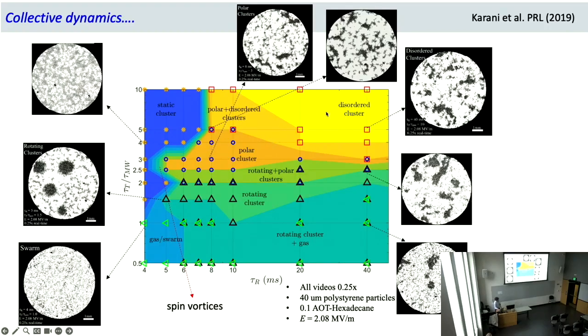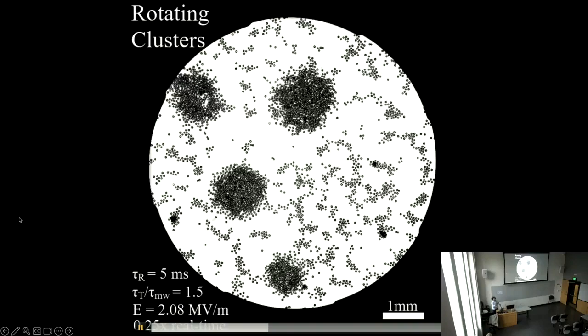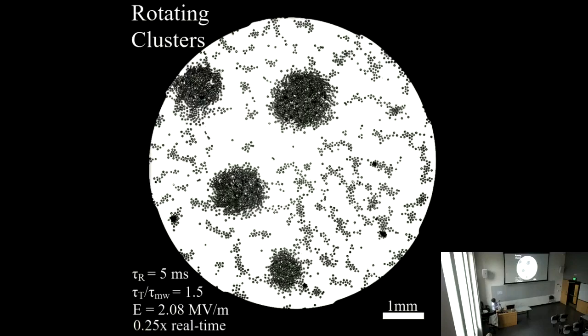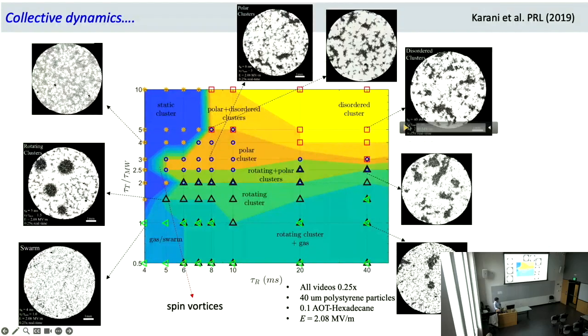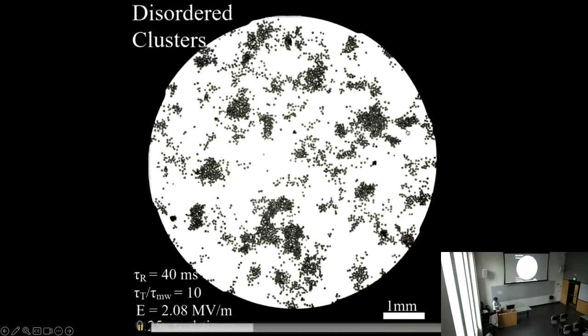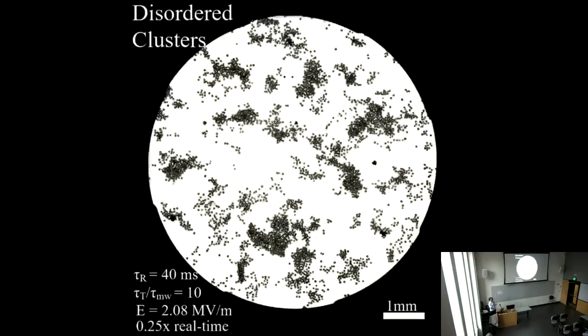And what you can see is, for example, situations like when these particles have self-organized into rotating clusters. Again, there is no boundary here. This is just the field of view of the microscope. You can have clusters, what we call dynamic clusters.